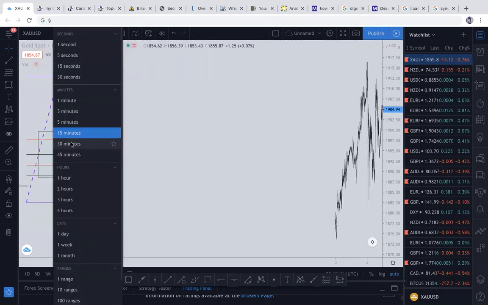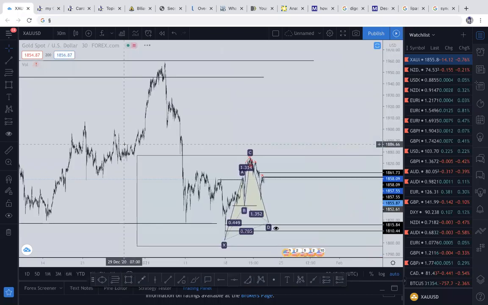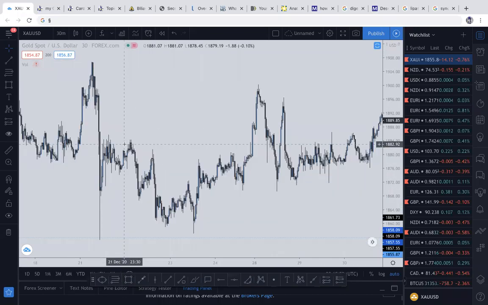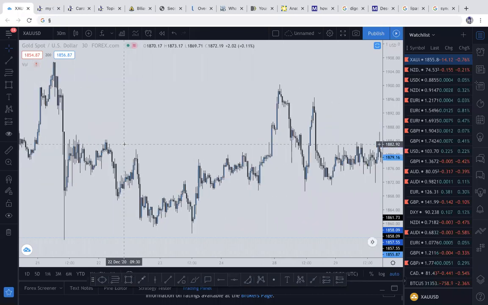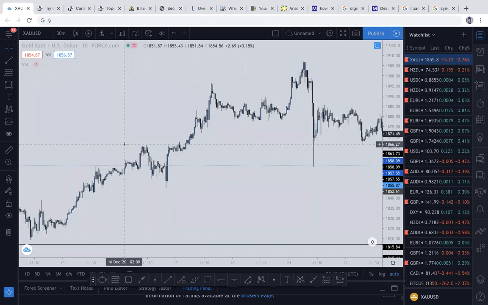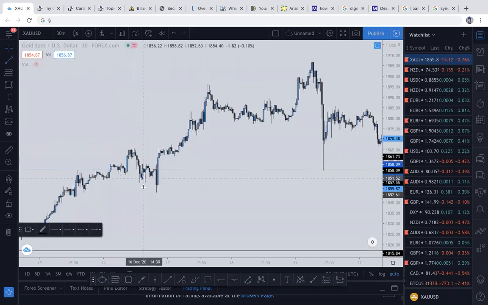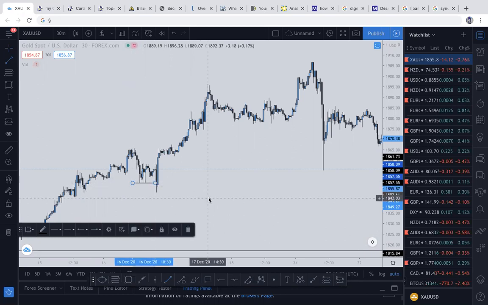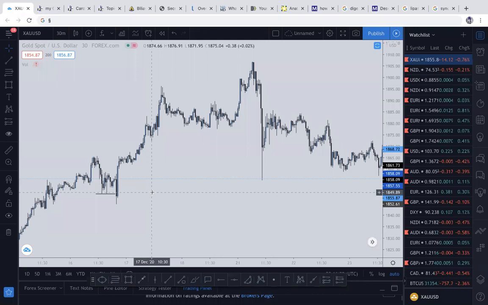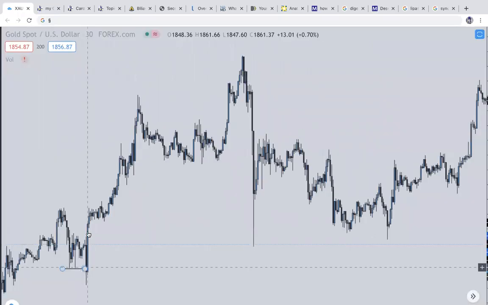Let me pick another example. Let's see, maybe we can use this one. Or is it the same area I was looking at? Look, we swept liquidity and look at what we came to do. Oh my God, this was just perfect.